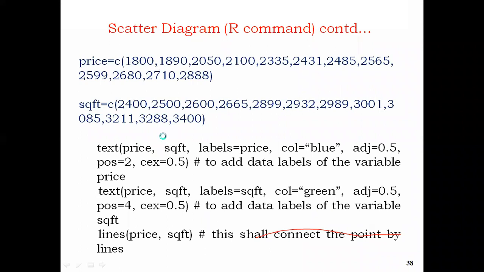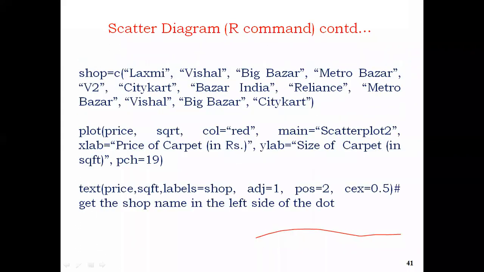And in this last example, I am considering labels are your shop. Okay, and then adjusted 1, position 2, then 6, this is equal to 0.5. No need to write this, this is only for you.